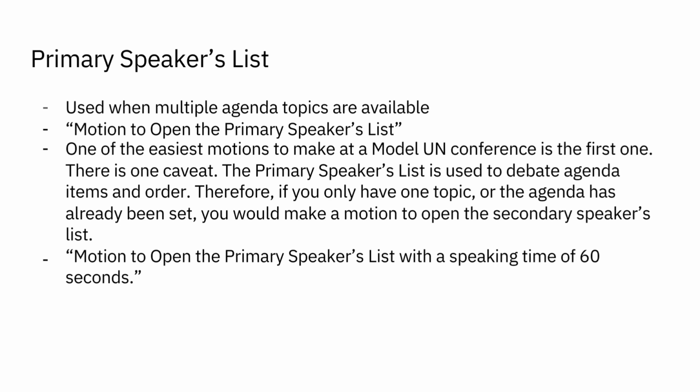In this scenario, you would have to open the primary speakers list and set an agenda. A motion to open the primary speakers list is one of the easiest motions to make at a conference.